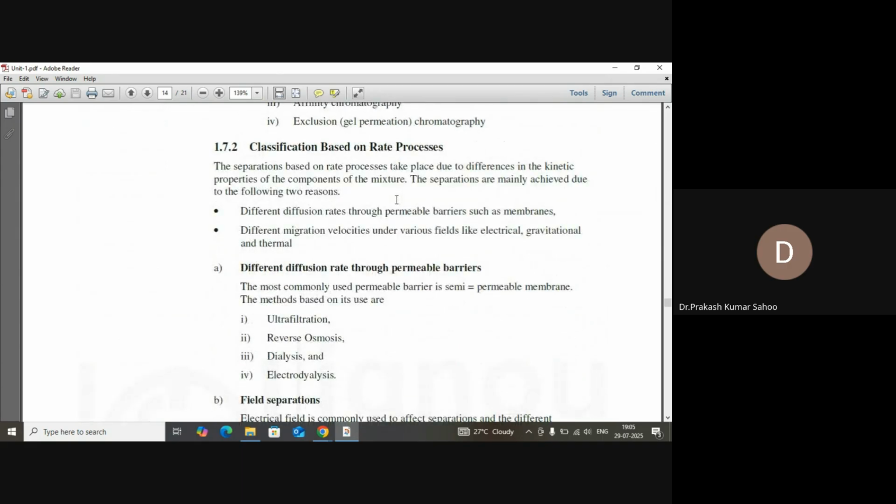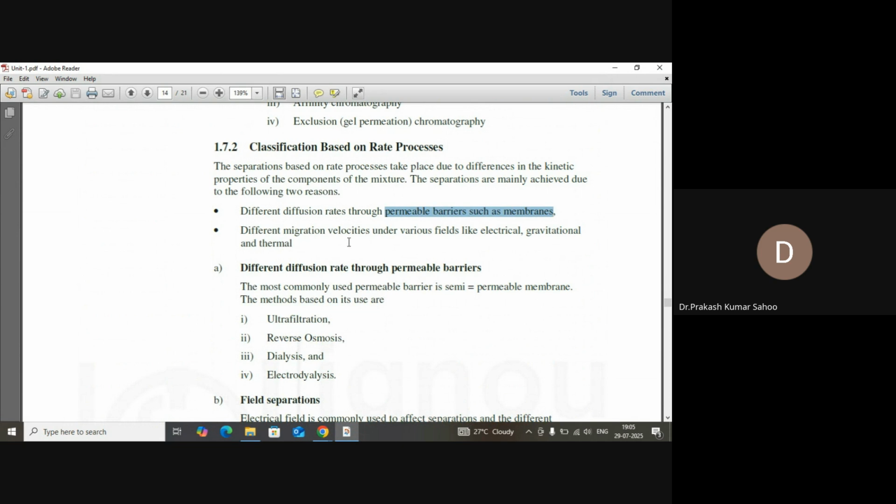So based on the rate, we have different types of separation methods that can be adopted for separation of different components of a mixture. So the rate process may use a permeable barrier such as a membrane, like the semi-permeable membrane used in the water purifier, which obeys the osmosis process, that is RO, reverse osmosis.